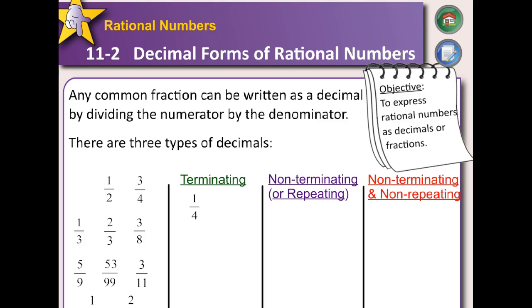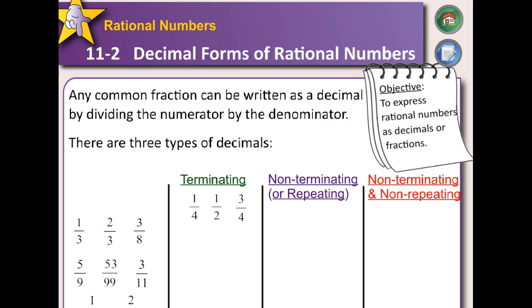If I look here then, 1/2, well, we learned last year 1/2 is 0.5, so it terminates. We stop. 3/4 we know is 0.75. Now, last year though, remember when we got to 1/3, what did we remember about 1/3? Well, 1/3 is 0.3 repeating.